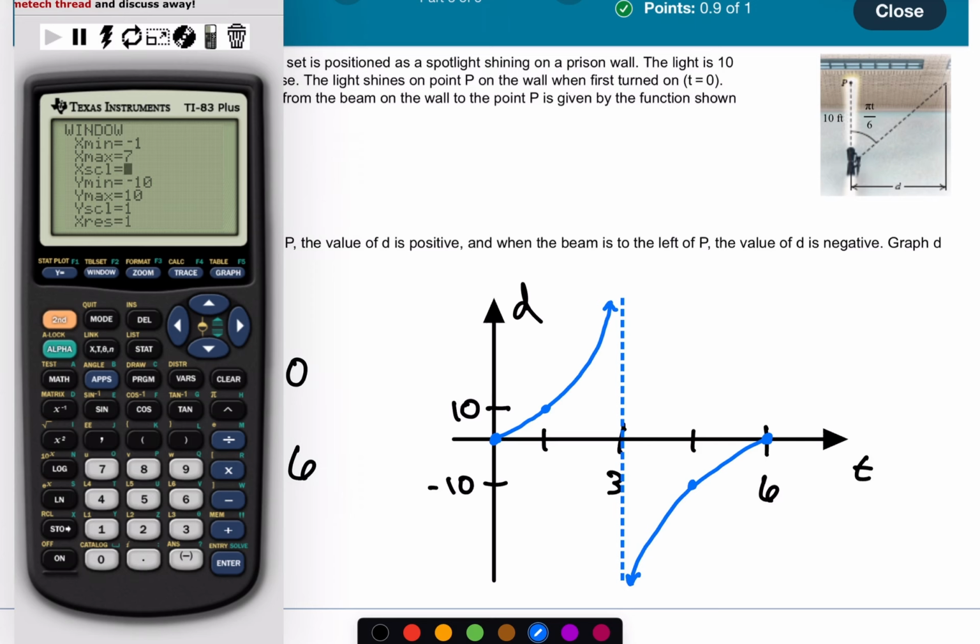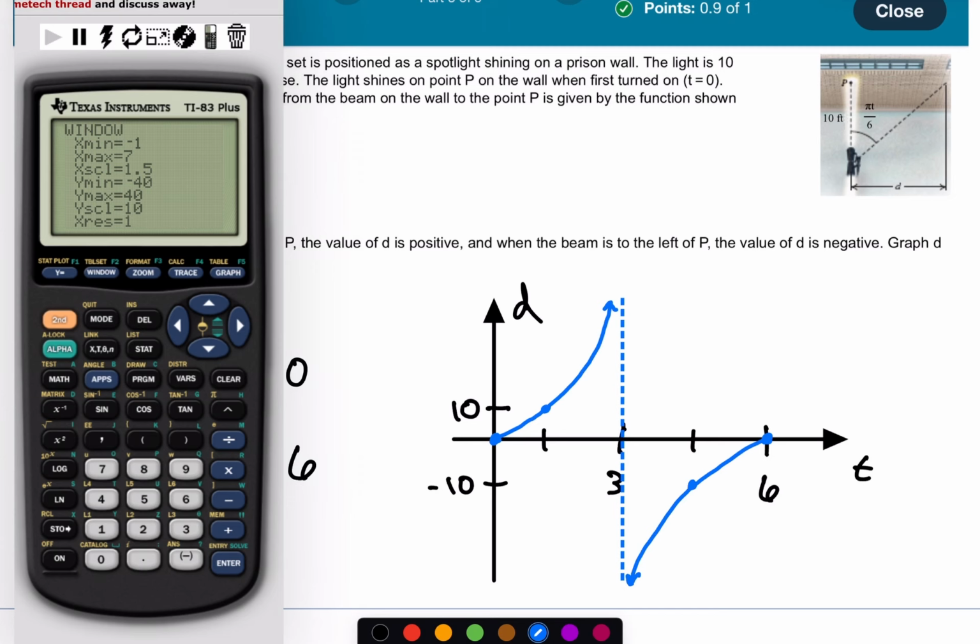And let's let each tick mark be 1.5, so that way we can match what we have drawn. Because each of our tick marks are 1.5, okay? And then our minimum, if that's a -10, let's go down to like -40. My y minimum, I'll put -40, and then the max is 40. And on the y-axis, I want each tick mark to go by 10, okay?